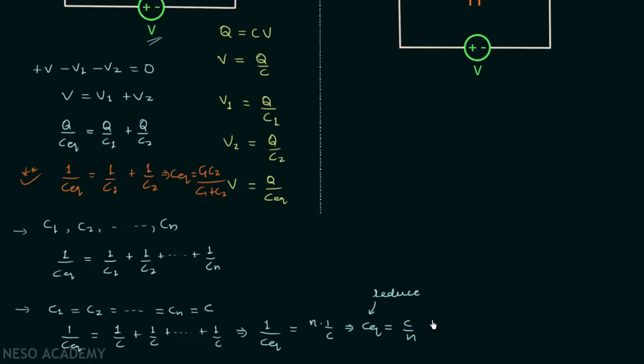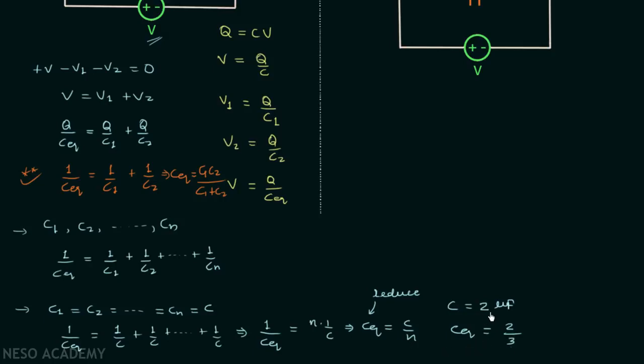For example, we have C equal to 2 microfarad and we are connecting 3 capacitors in series, then the equivalent capacitance will be equal to 2 divided by 3 because n is equal to 3.